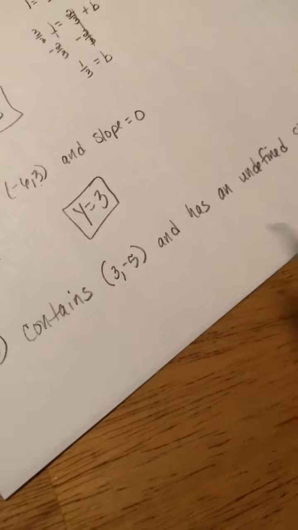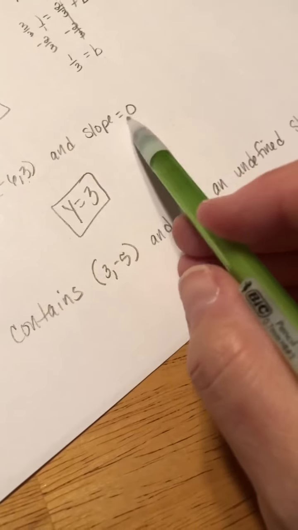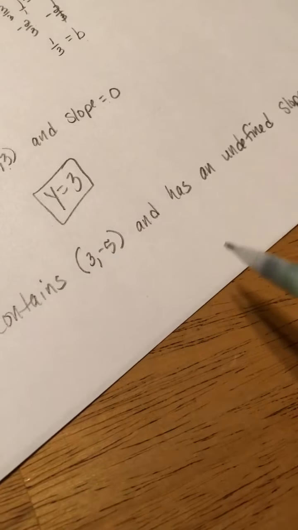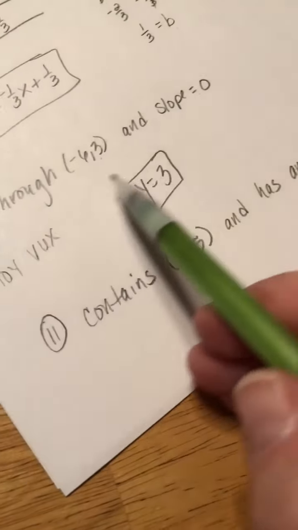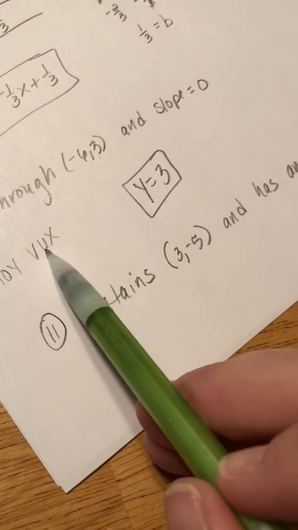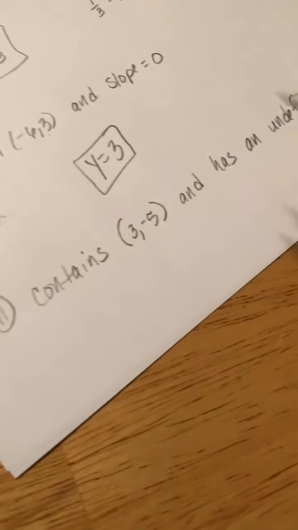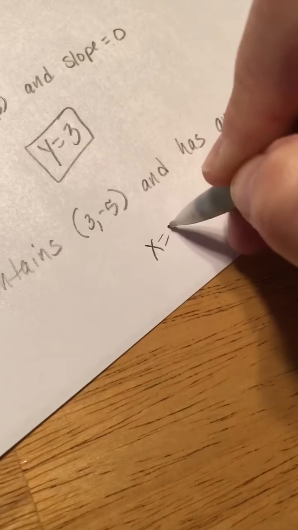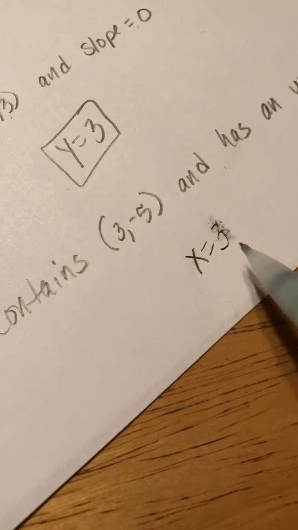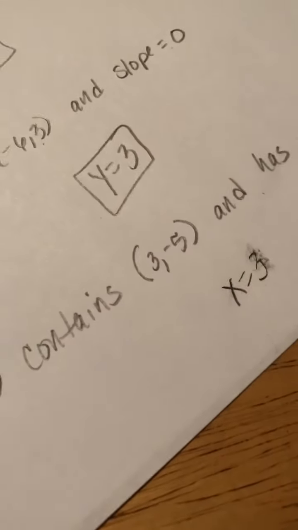Okay, so similar to this one, if slope is 0 or slope is ever undefined, we refer to our acronym. So if slope's undefined, it means it's x equals. And this one would be x equals, well, maybe if I can write here. X equals 3. It's not a great 3, but it works.